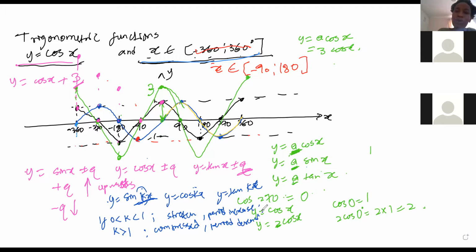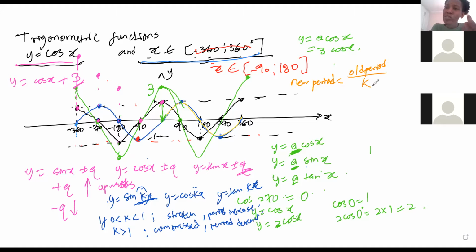So your new period will be the old period divided by that k. If k was 2, the period for the cosine is 360, so the new period will be 360 divided by 2. That means it will be 180.